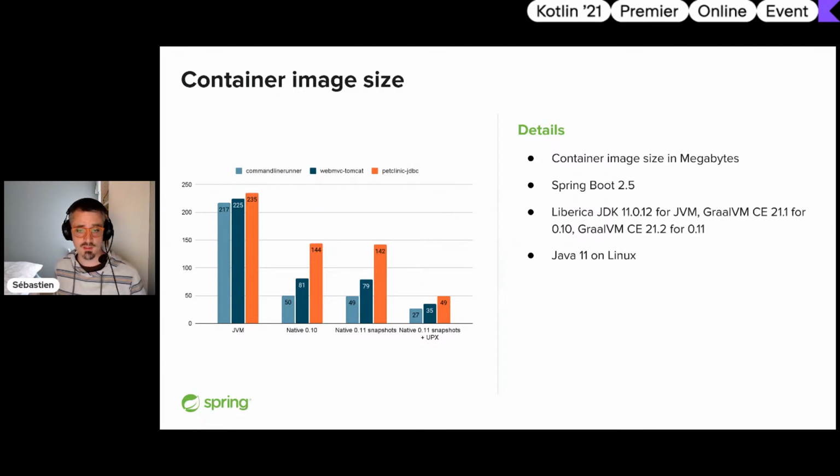So I think that's pretty interesting. And even if UPX is compressing that, so at runtime you need to decompress, the fact that you require less I/O will make your application start even faster. So that's an interesting use case where something that you have to decompress at startup is going to start faster than the original version because there is less I/O involved.